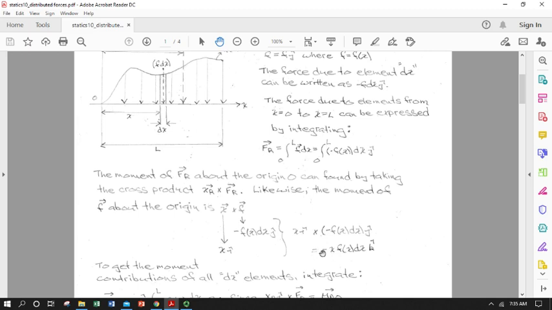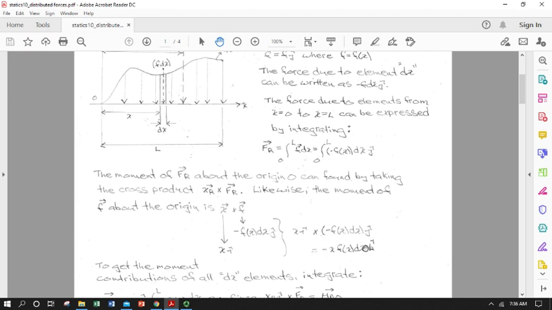So this negative x times the function of x, which defines my distributed load, dx, which is the width of my little bit of length, pointing out of the paper, k hat direction, so it's pointing straight at us. This is a little bit of moment.